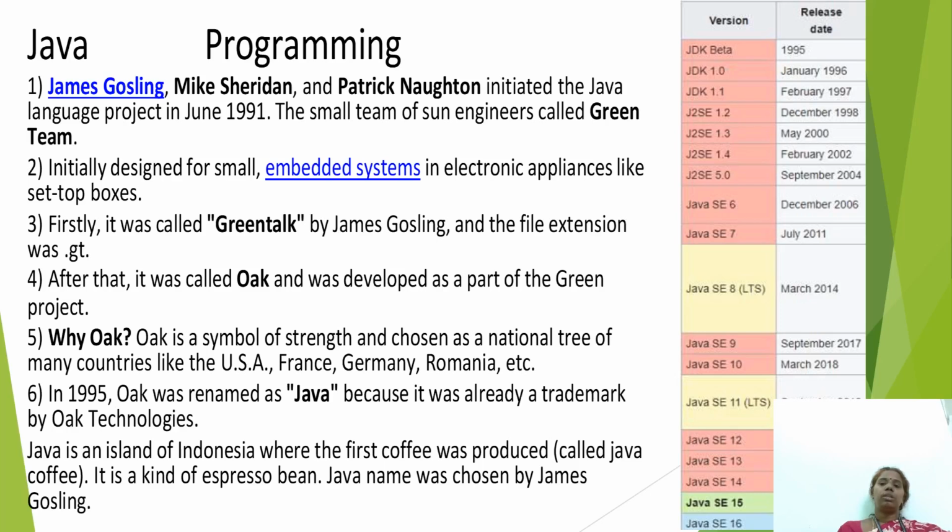And the next one, JDK 1.0 in January 1996, 1.1 in February 1997, J2SE, Java 2 Standard Edition 1.2 in December 1998, Java 2 Standard Edition 1.3 in May 2000, Java 2 Standard Edition 1.4 in February 2002, Java 2 Standard Edition 5.0 in September 2004, Java Standard Edition 6 in December 2006, Java Standard Edition 7 in July 2011, Java Standard Edition 8 in March 2014, Java Standard Edition 9 in September 2017, Java Standard Edition 10 in the month of March 2018.